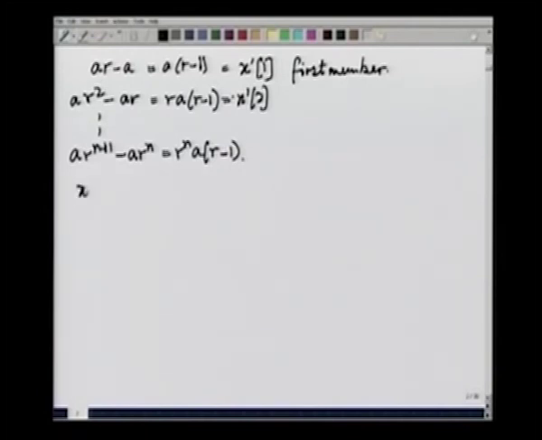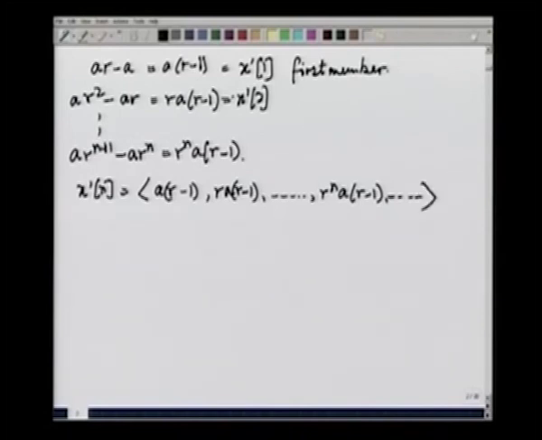You would get x dash n as the sequence a r minus 1, r a r minus 1, r to the n a r minus 1, and so on, which is still a sequence that is exponential.